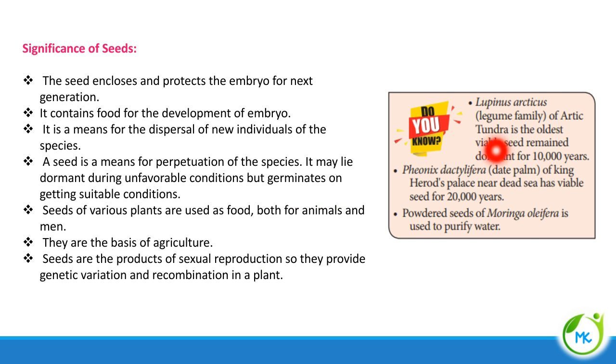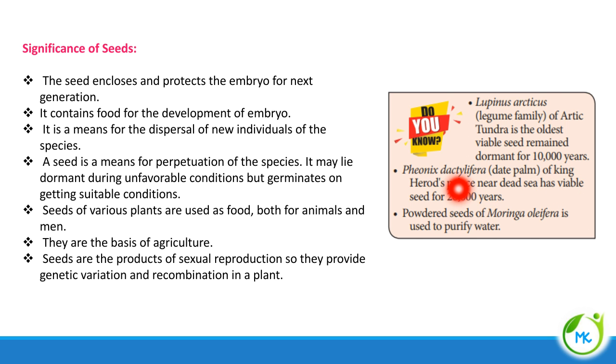Next, do you know Lupinus arcticus, legume family of Arctic tundra, is the oldest viable seed. Viable means active seed. And it remained dormant for 10,000 years. So it is active and it has remained dormant under resting condition for 10,000 years.